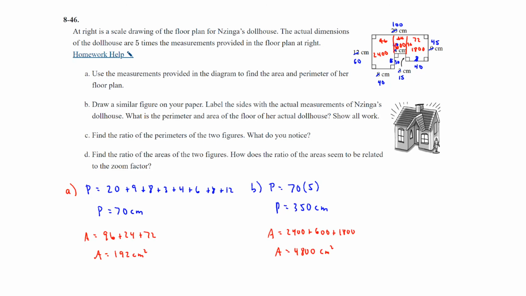Now, how do those numbers match up? You can kind of look at it in terms of that, and it looks like it's getting into the next question as well. So let's go on to C before we jump into that. C says find the ratio of the perimeters of the two figures. What do you notice?